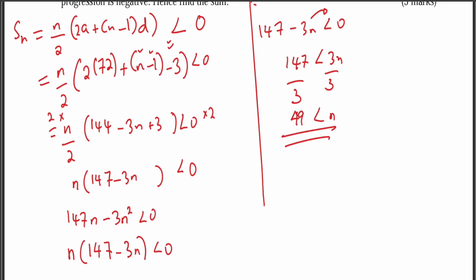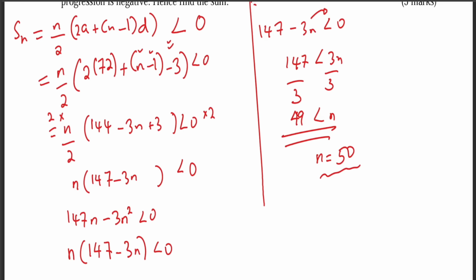So I think n is supposed to be 50, because if you put 49 into that expression of n over 2 into bracket 2a plus n minus 1 times d, it most probably gives you a value which is 0 itself. So I'm trying to substitute it to see whether it gives me an answer which is less.